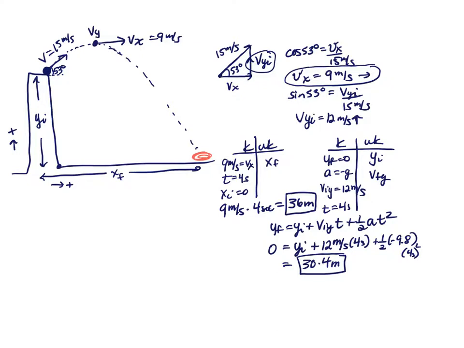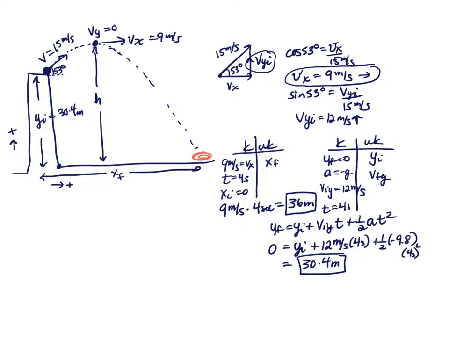The Vy at the top is 0. For a brief moment, it's turning around, so it's neither moving up nor down. It's just briefly paused vertically, just like a rocket at the top of its path. Okay, and we want to know this maximum height h. And now we also know that our y initial over here is 30.4 meters.